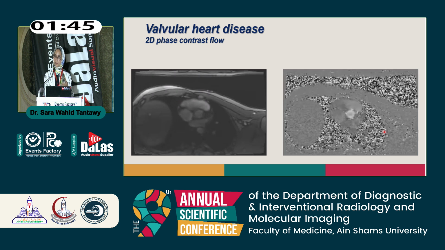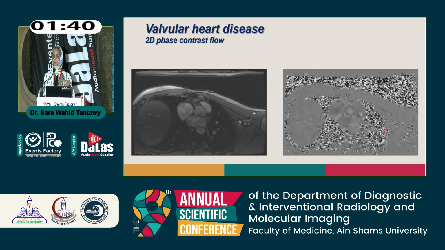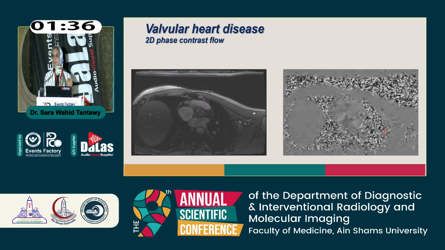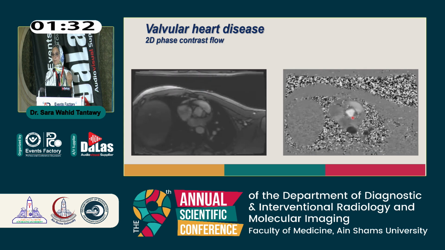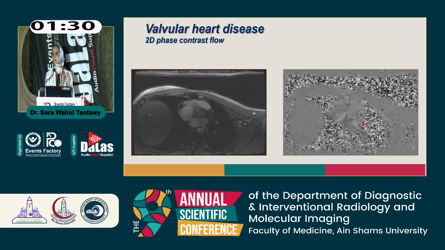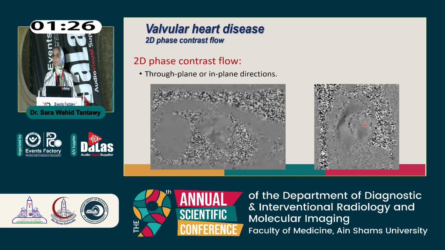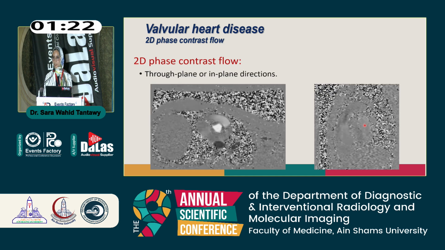Instead of red and blue, we have white and black. So the white is the to movement and the black is the fro movement. So anything that is black along the region of the aorta after the white has finished is regurgitant flow. Okay?